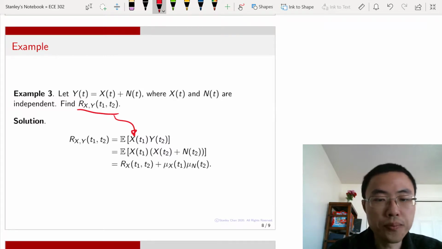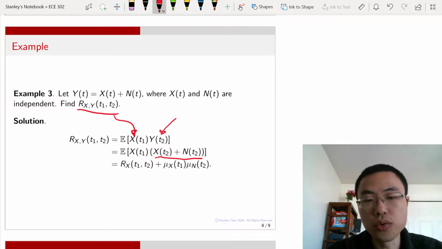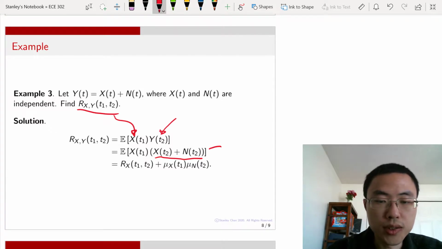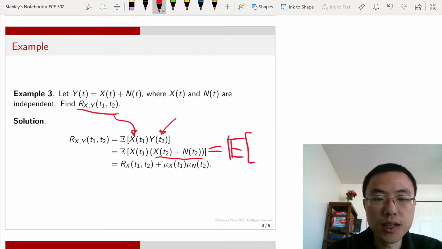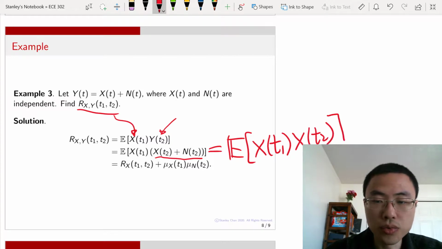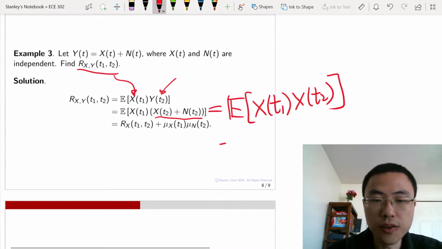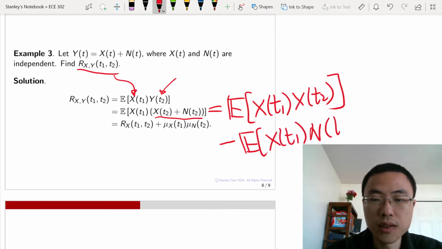Well, what is y? Y is just x plus n, but since I'm evaluating at t2, I plug in t2 here. So this gives me the expectation of x at t1 times x at t2, plus the expectation of x at t1 times n at t2.